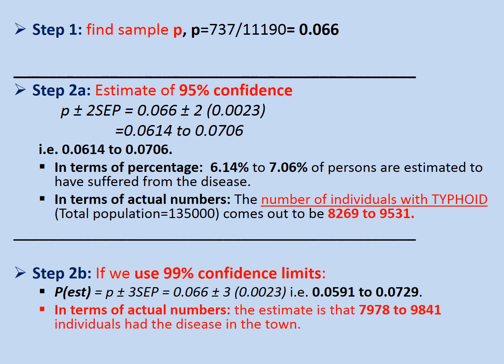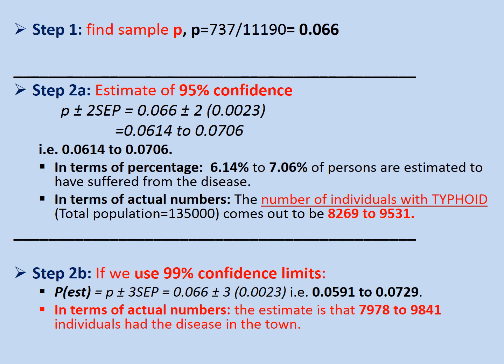Just to repeat, the standard error of proportion formula is the square root of p times 1 minus p divided by n. Here p is 0.066, so 1 minus 0.066, divided by n, which is 11,190. Whatever value you get after that calculation is equal to 0.0023.